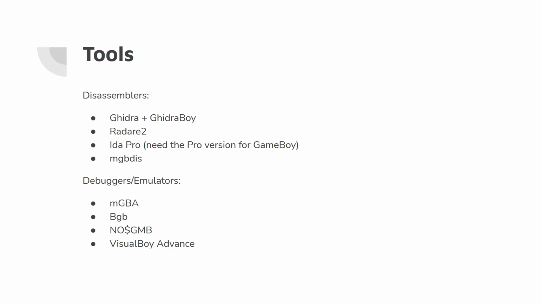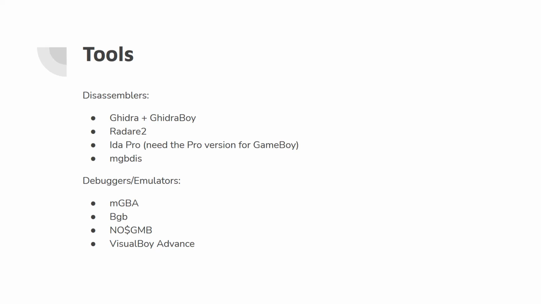There's another tool called MGB-DIS, which is used to basically take a ROM and then disassemble it to all of its assembly instructions, and then it just outputs it to a text file. So that's useful if you want to look at specific sections of the ROM. It's not going to be as useful as Ghidra or R2, because you're not going to have an interactive disassembler, like a disassembly window, and you're not going to have a decompiler there.